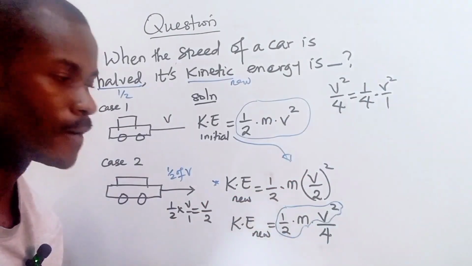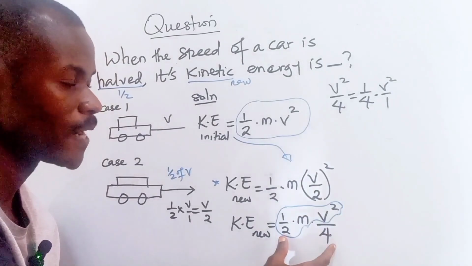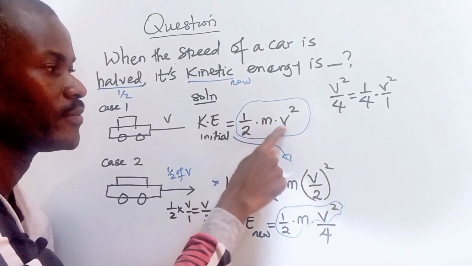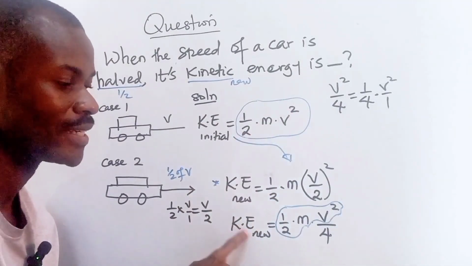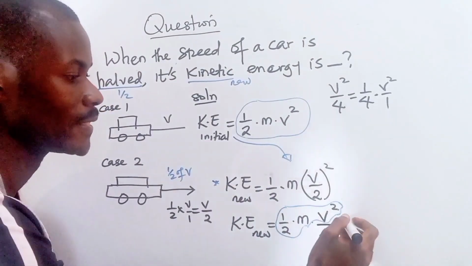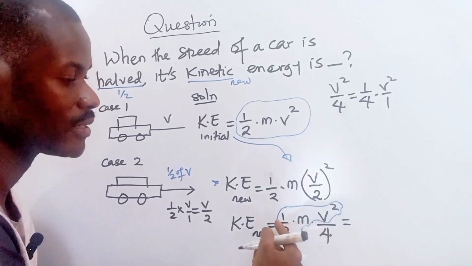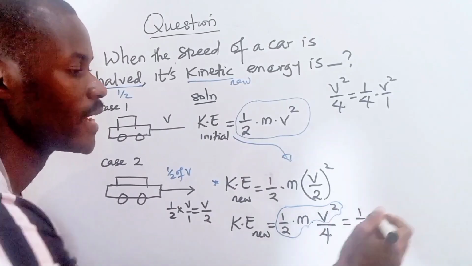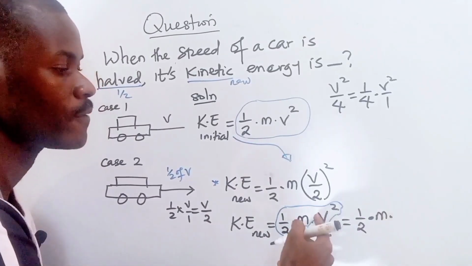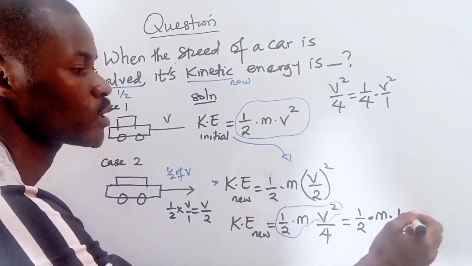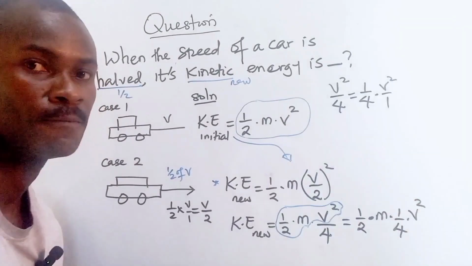I want to write this in such a way that I have half mv squared, so I can write the new kinetic energy in terms of this. So how do I do that? I'm going to first write this as half, multiplied by the mass. Now V squared over 4, I'm going to use 1 over 4 multiplied by V squared.